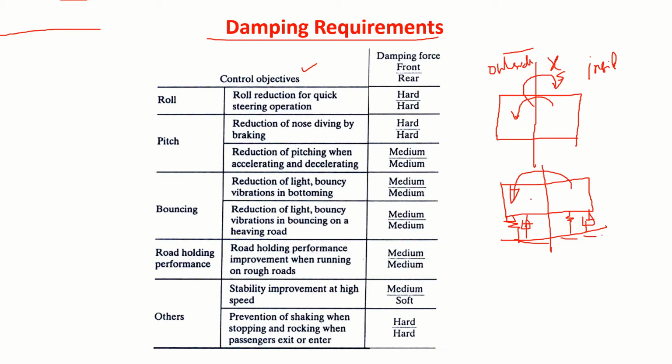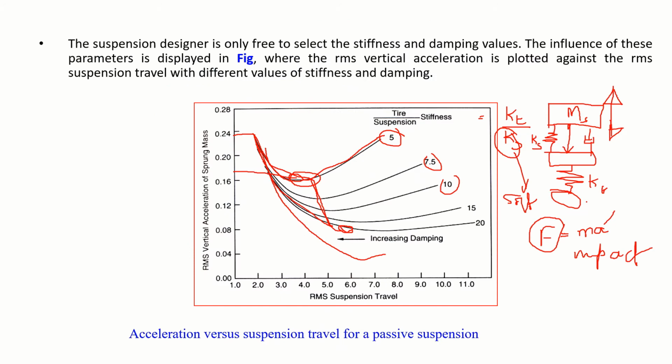So you want to create some kind of anti-roll effect. It is better that we increase the stiffness and increase the damping, like this. So it means you move in the curve somewhere here.